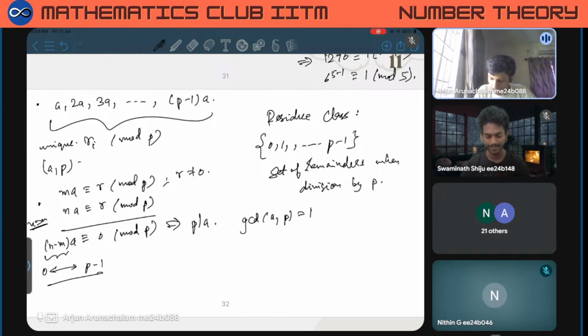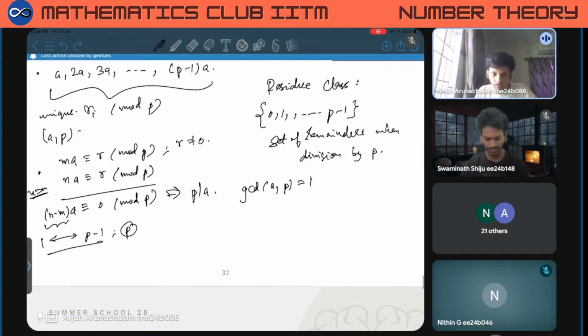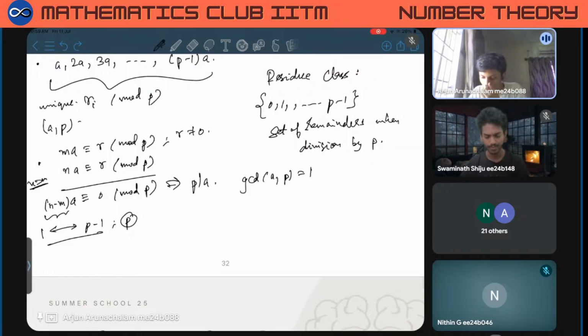It'll be from 1 to p minus 1, so none of these is divisible by p. We can remove this, and it'll still imply that a is congruent to 0 mod p, which violates the fact that GCD of a comma p is 1.